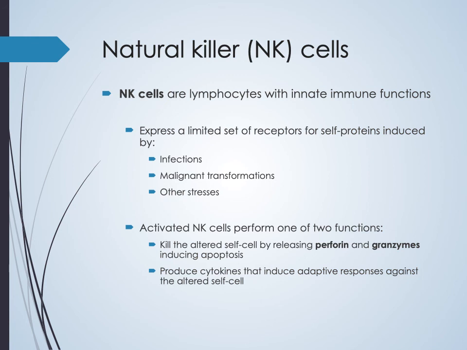So for aggressive forms of cancer, it's an area of research to see what kind of role they have and whether there's a way to reprogram the natural killer cells to be able to see these cancer cells again.